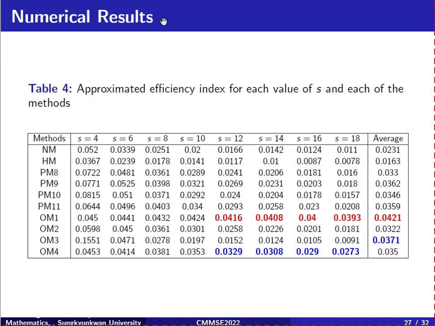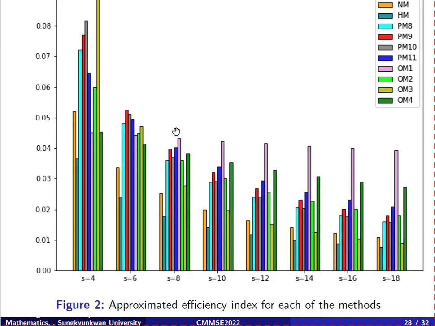Here is our numerical result for the approximate efficiency index for each value of S and each method. Again, if you look into this table, you can see that our method OM1 is the most efficient, even on average, followed by OM3, and OM1 and OM4 are also more efficient for large values of S. From this table, you can plot this as a bar graph like this.